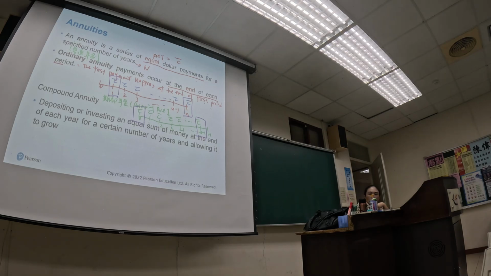So if you take a look at these two cash flows, you will figure out that when you're computing the future value or present value, annuity due would always compound one more period compared with ordinary annuities.